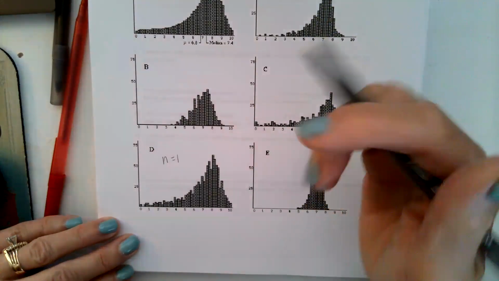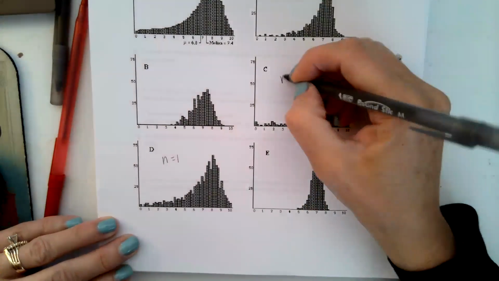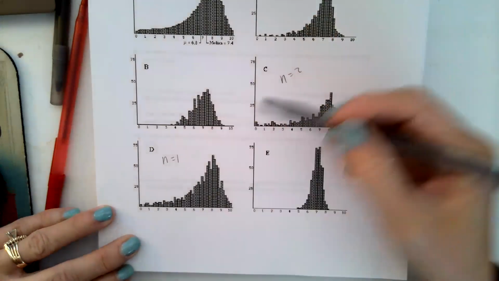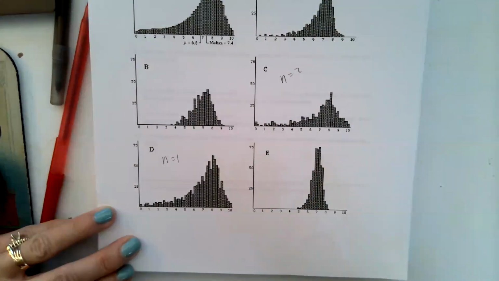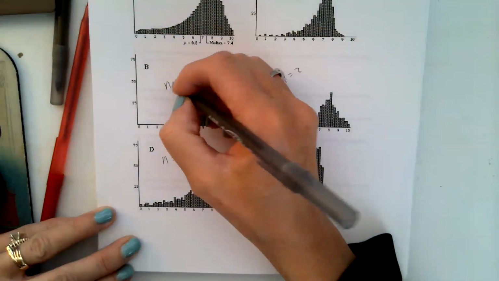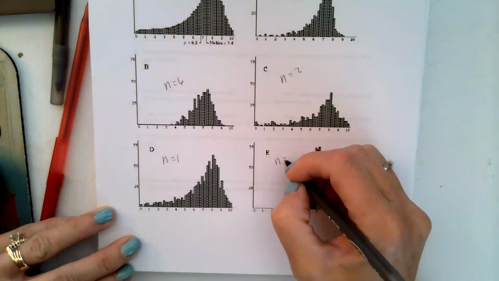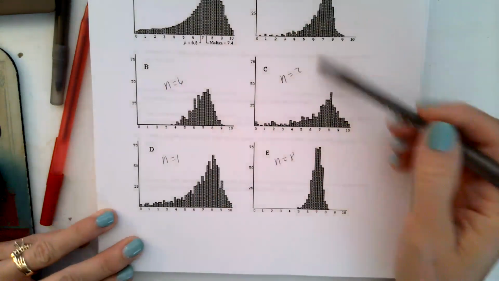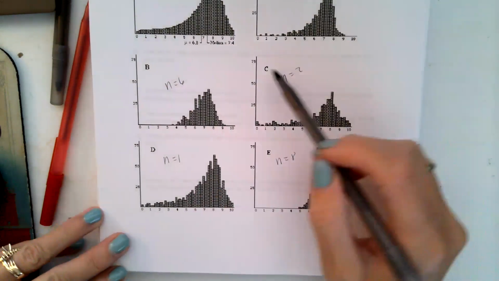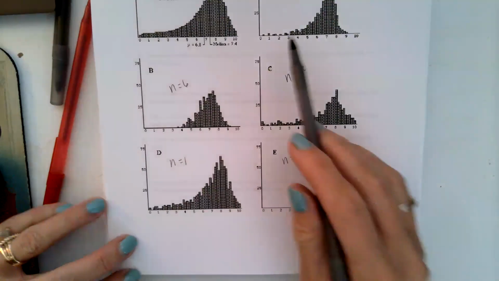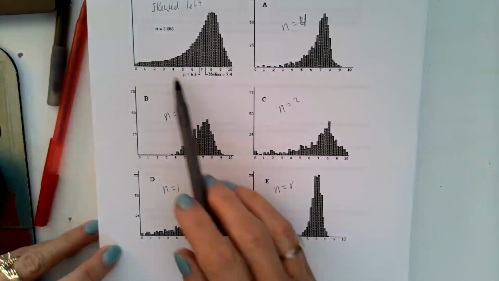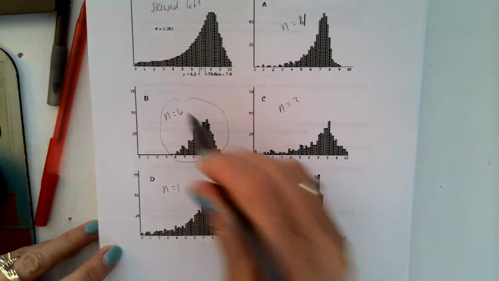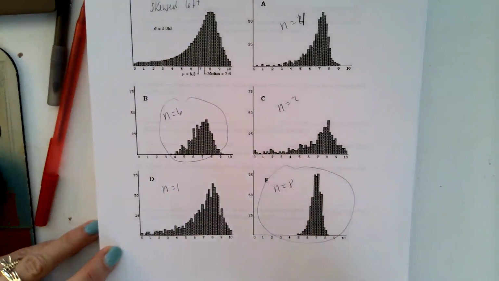Let's see here. It's going down. So this one will be 2, and this one will be 4. It's becoming more and more normally distributed. So this would be the sample size of 6, and this would be the sample size of 8. So A and C are kind of interchangeable, but you can see the smaller sample sizes are definitely going to be the ones that are still skewed left, like the population. When it becomes very normal, that's when we get to the bigger sample size.